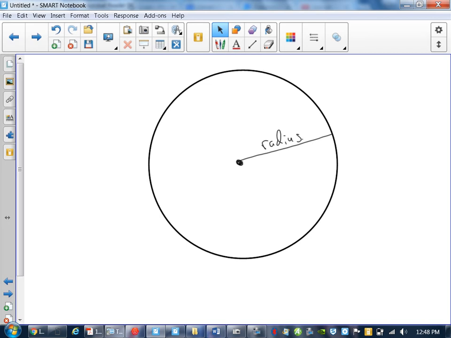All the radii in the circle are the same. So all radii of a circle are always congruent. Now, what makes circles congruent are the radii. If one circle has a radius of 5, and a different circle has a radius of 5, those circles would be congruent just because the radii are the same.